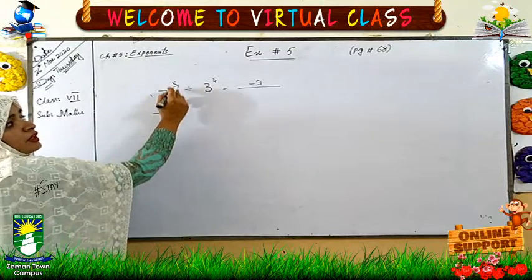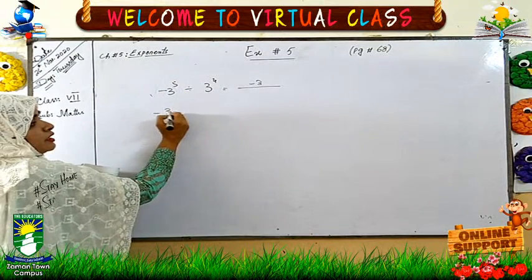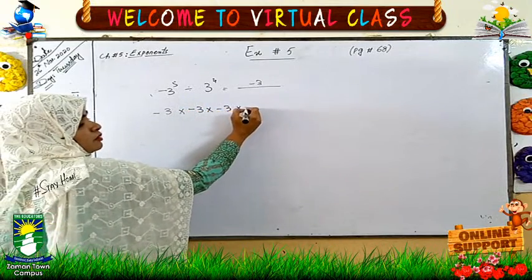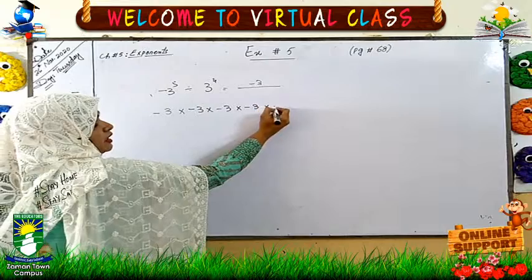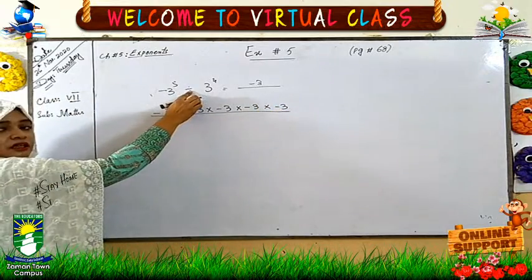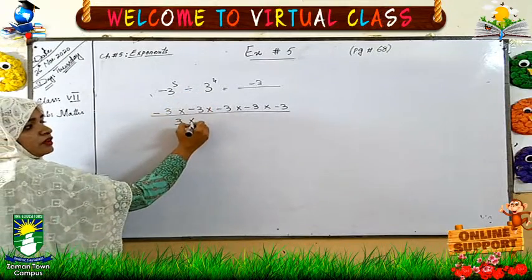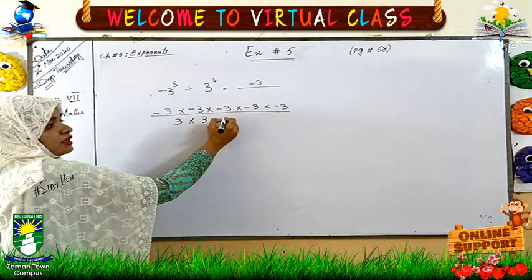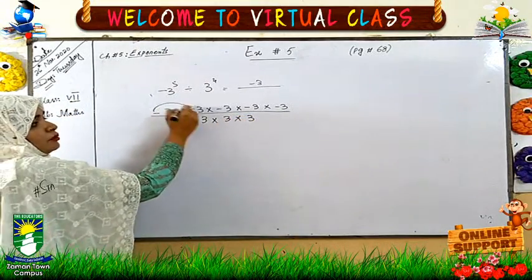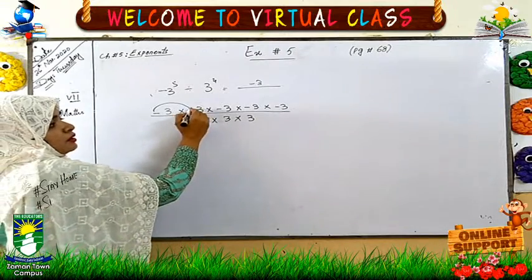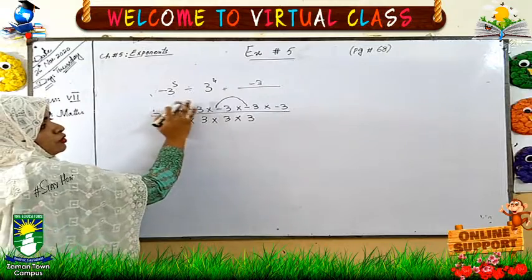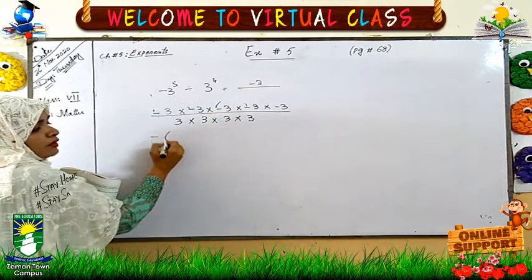We have minus 3 power 5. So how will we write it? Minus 3 multiplied by minus 3 multiplied by minus 3 multiplied by minus 3 and then multiplied by minus 3. Divide means that you will write your value in the denominator: 3 multiplied by 3 multiplied by 3 multiplied by 3. Okay. Minus minus plus, minus minus plus, or you can also say that you have a minus sign in all your values, so keep the minus sign as common.